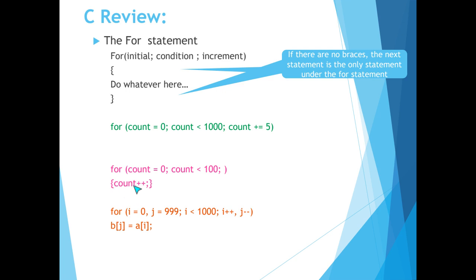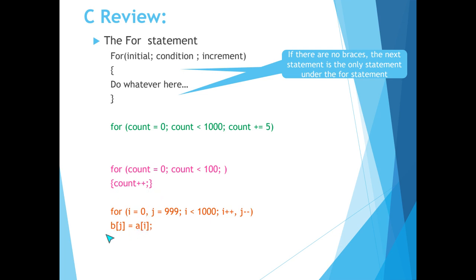However, because this is only one statement, we have the opportunity to not use the braces. Both of the statements are correct. We can omit the braces or we can write the braces. Both of them are correct.